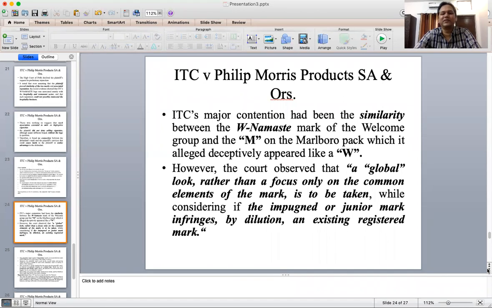So the court said that you have to take it in a very wider sense, in a global impact, how that very mark is impacting the global crowd, rather than just going into the very small portions which may be looking alike.